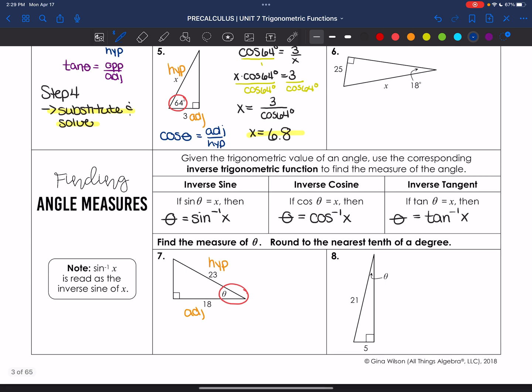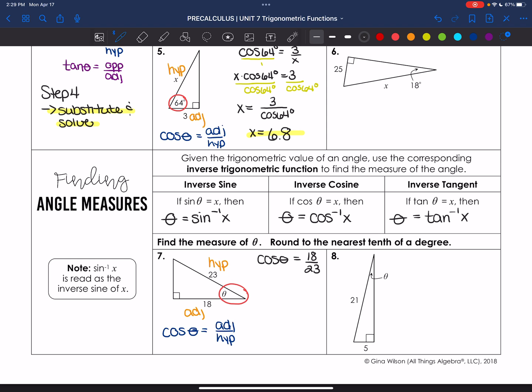Once again, we have cosine. And now let's go ahead and substitute and solve. It is cosine of theta. We do not know what theta is, but it is going to be the ratio of 18 over 23.